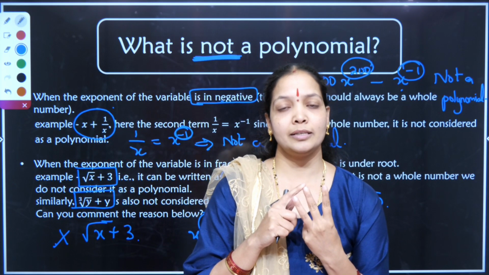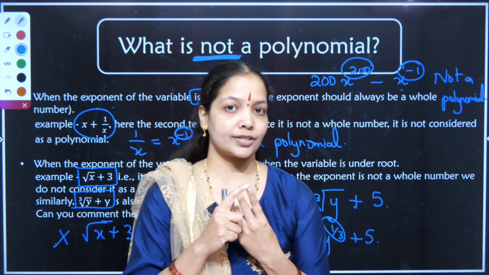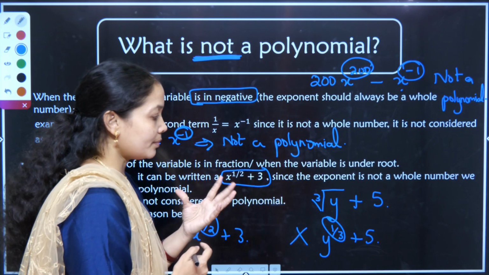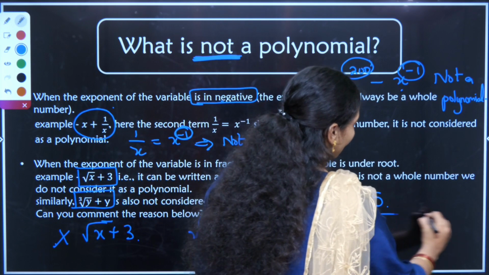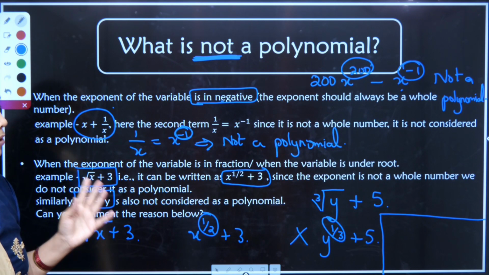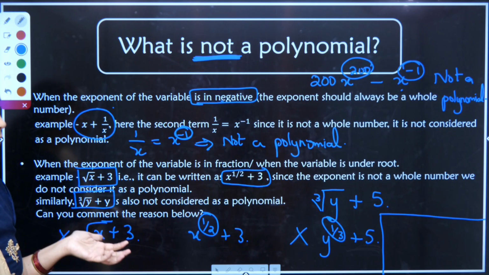The second rule says the power of the exponent should not be under root or a fraction. Therefore, three important things. Make a part in one corner of your page and write the key factor of the whole slide. You can pause the slide for a while and note down the things given here.